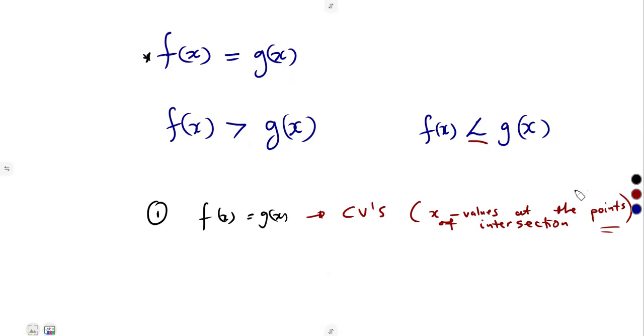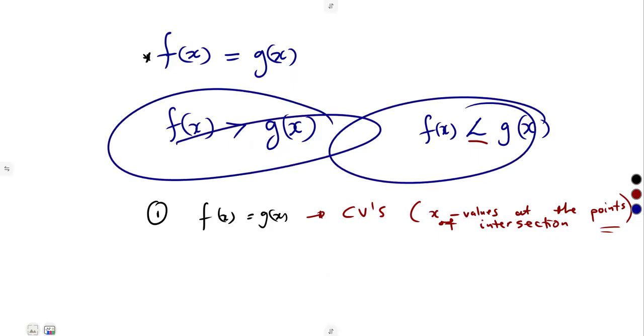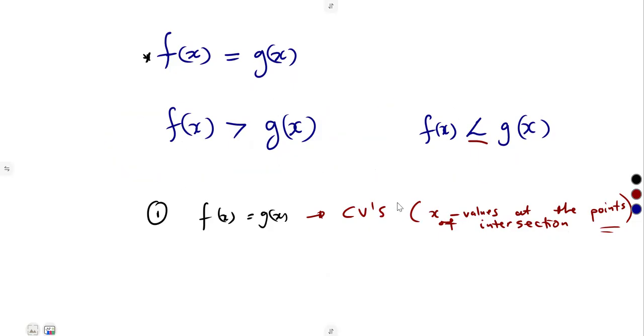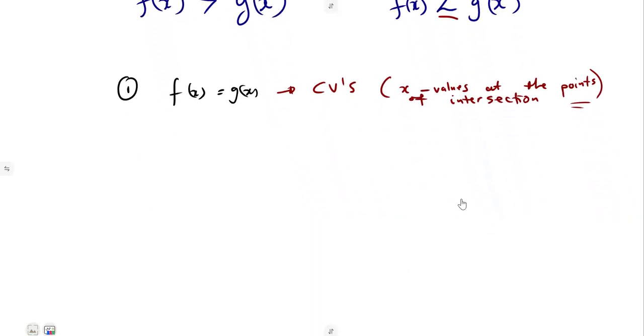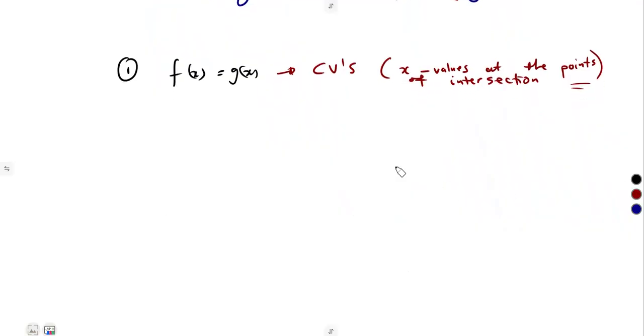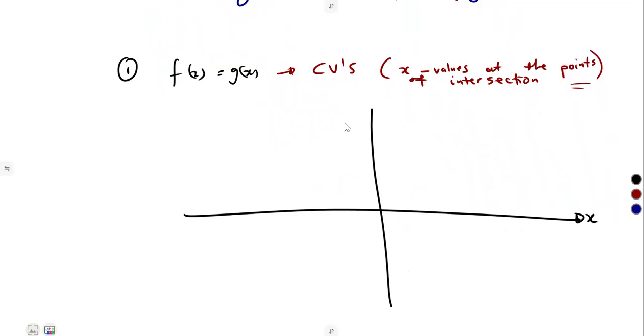So whenever there's a comparison, whether it is going to be greater than or less than, the comparison is done from the critical values, the points of intersection. So what it simply means is that if I'm given two functions, because you'll be given this from the graph, remember this is to be done graphically.